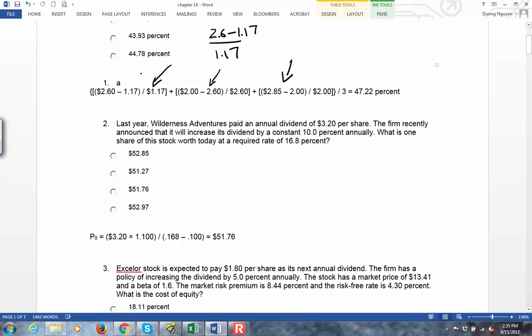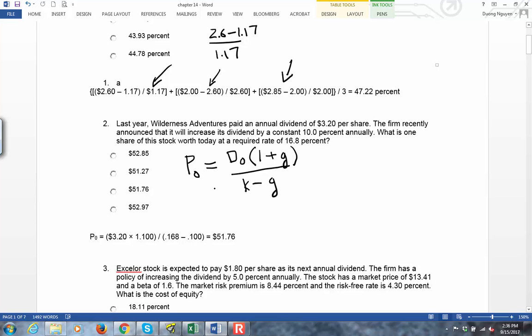Alright, so according to the formula we studied, you have to use the formula with D0, because D0 is given when a company paid an annual dividend per share. So the formula is D0 times 1 plus G over K minus G.